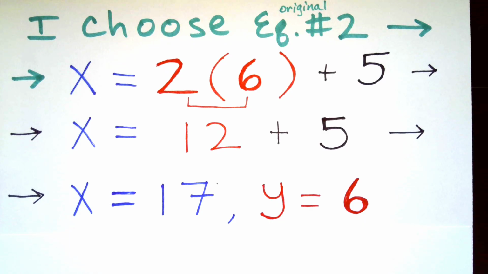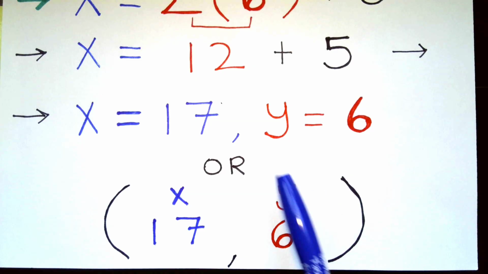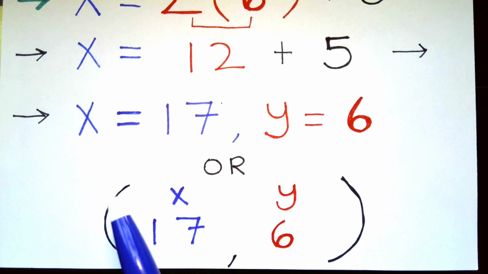Now this is one way to write your solution, or this will be another way to write your solution. Does anybody know why I wrote my solution this way, where x is 17, comma, y is 6, in parentheses? It kind of looks like an ordered pair.